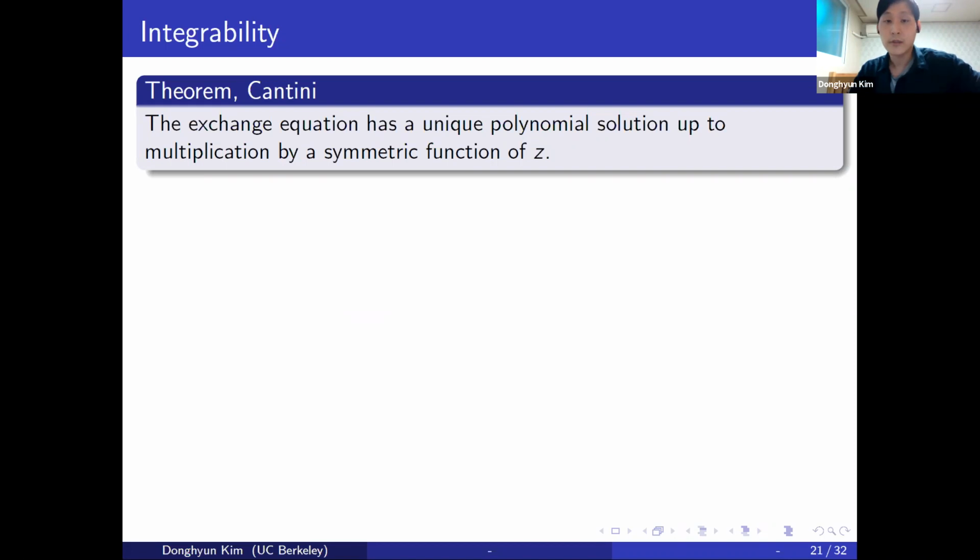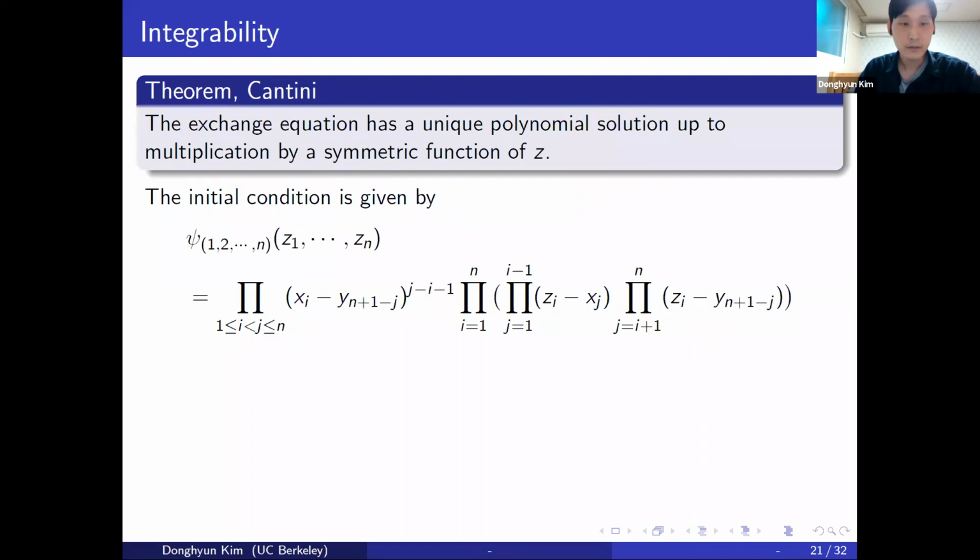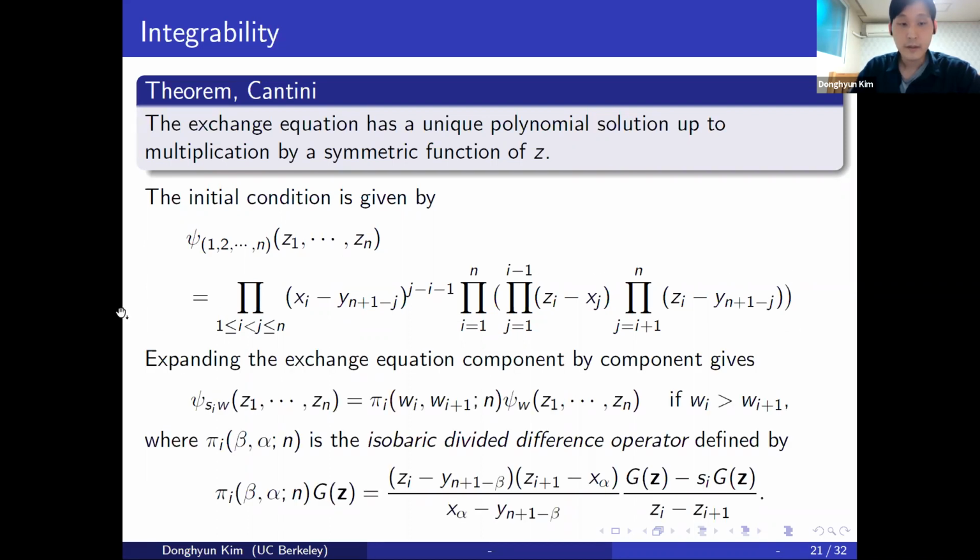And I'll show you how we actually compute the solution. So this is the initial condition: psi for the identity permutation, and the initial condition is defined as follows. And if we expand the exchange equation component by component, it gives the following.